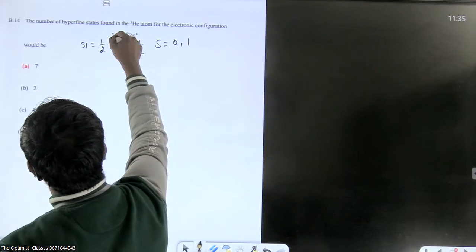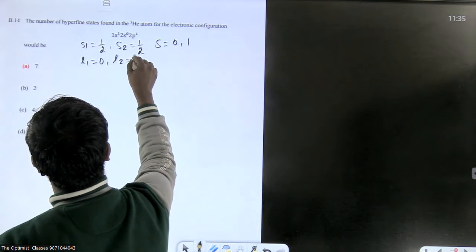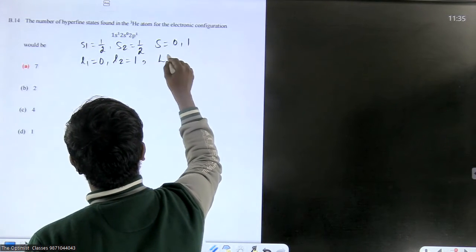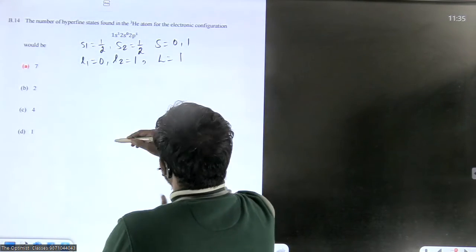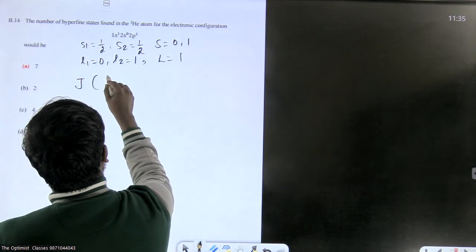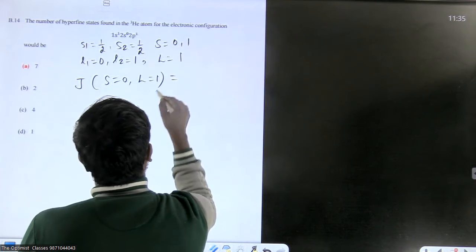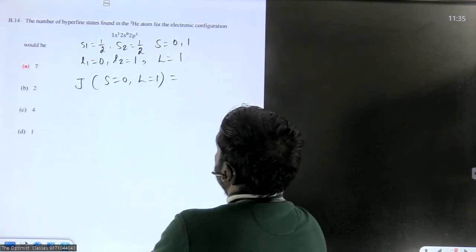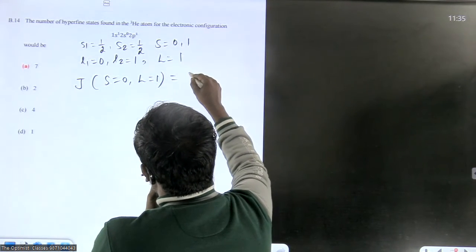Now for this electron L1 is equal to 0, and for the second electron L2 is 1. So L from L1 minus L2 to L1 plus L2 is 1. Now let us calculate J using S equal to 0 and L equal to 1. J goes from L minus S to L plus S, so that is only 1.